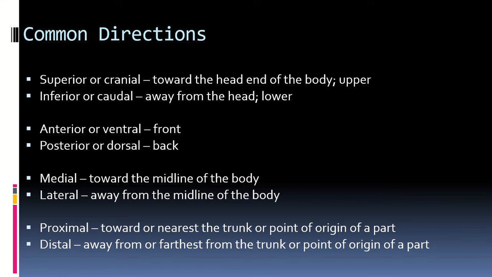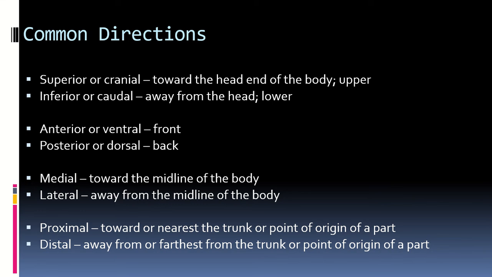For the superior or cranial direction, essentially you are moving toward the head end of the body or toward the uppermost part of the body, whereas the inferior or caudal direction is the opposite, going further away from the top of the body. You can use the terms anterior or ventral interchangeably when talking about the human anatomical position.